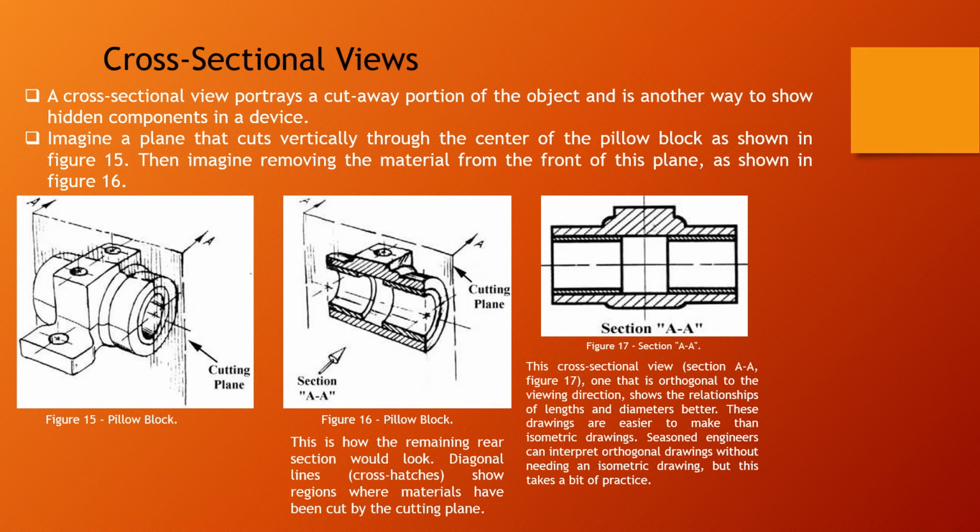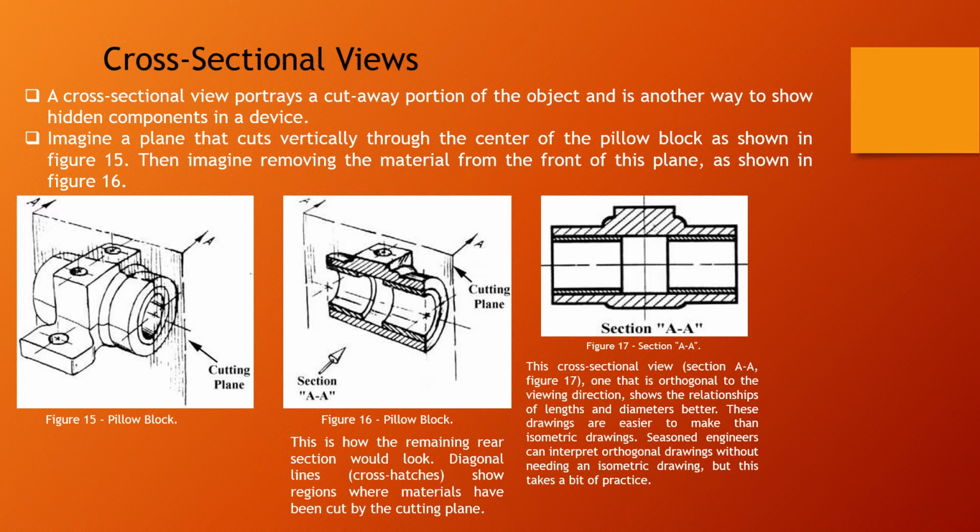In figure 17, this cross-sectional view, section AA, is one that is orthogonal to the view direction. It shows the relationship of length and diameters better. These drawings are easier to make than isometric drawings.